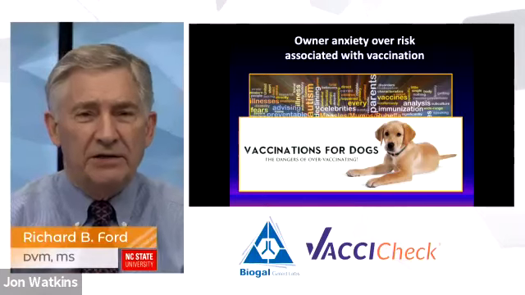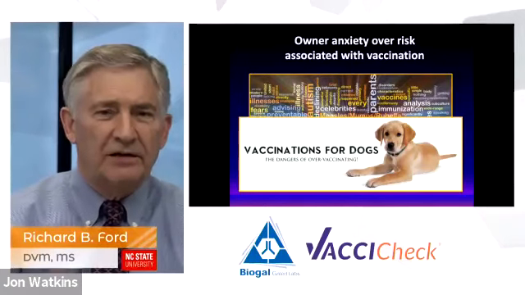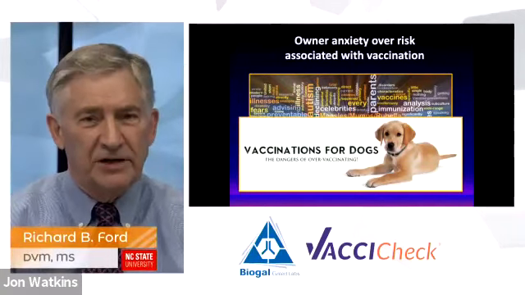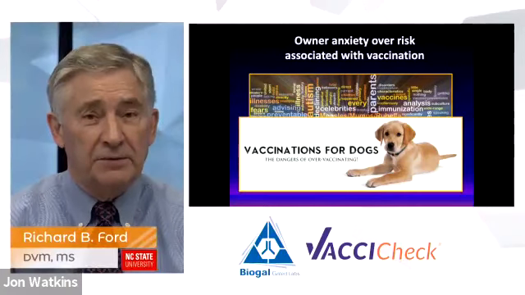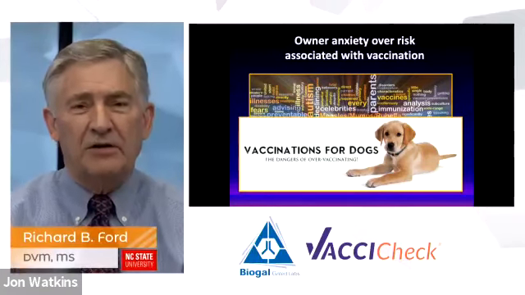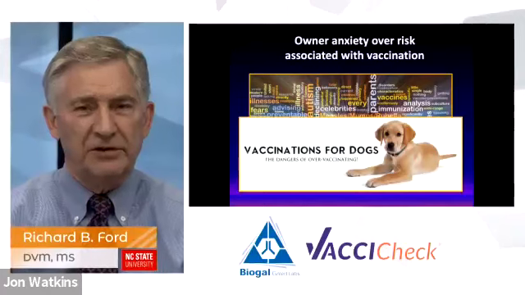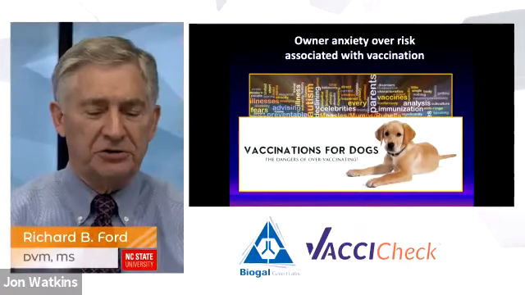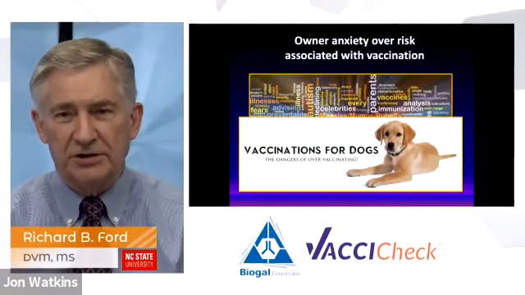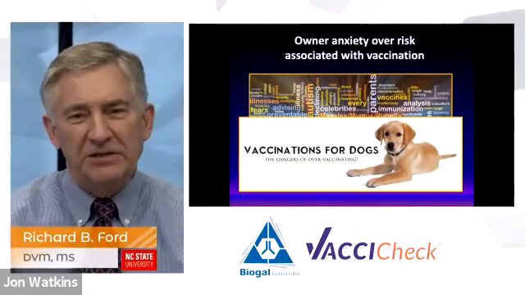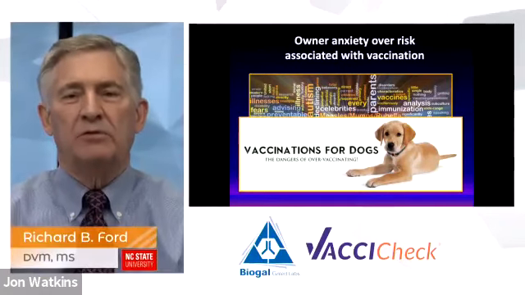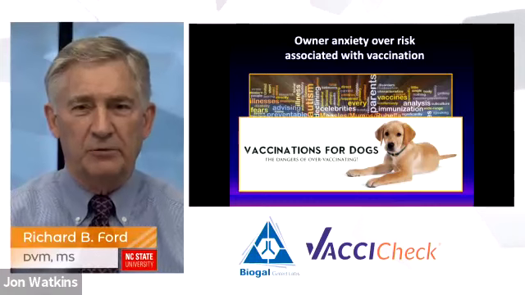If you sense that owner anxiety, there is an option, and that is to do antibody testing. It offers this client who is very concerned about over-vaccination and injury associated with vaccination an option, and gives you an alternative course to take with that individual client.